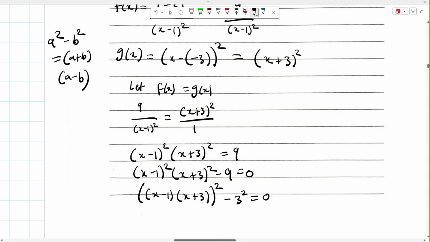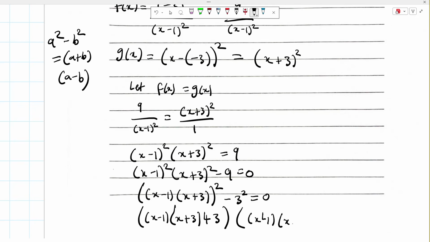So if we apply that, in this case, a is actually (x minus 1) times (x plus 3), plus b, and b is 3, so plus 3, times a, which is the same thing, minus b, which is 3.